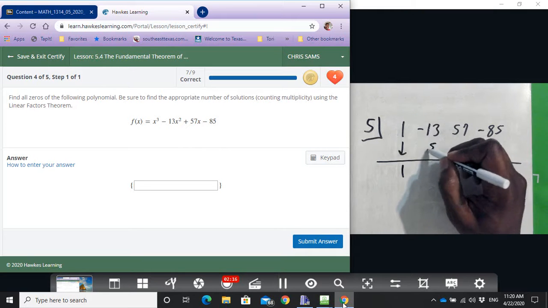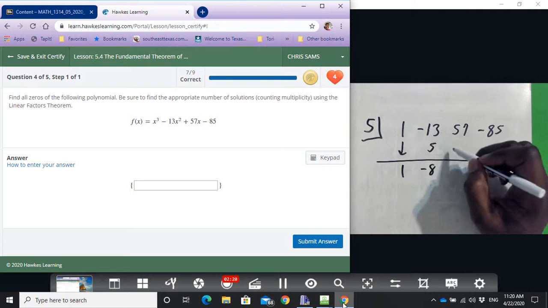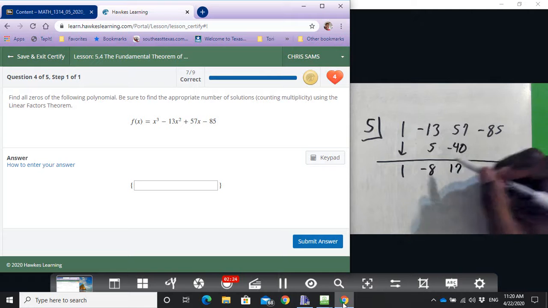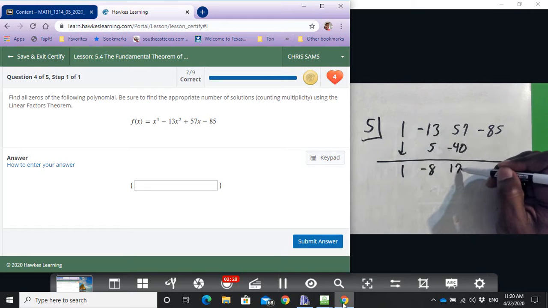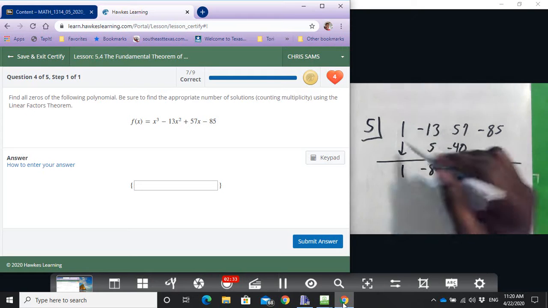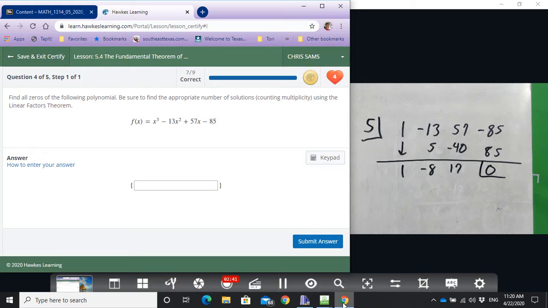Multiply, we get 5. Subtract, we get negative 8. Multiply, we get negative 40. Subtract, we get 17. Then multiply 5 times 17, which is 85, and that gives us 0. Okay, so 5 is one of our zeros.